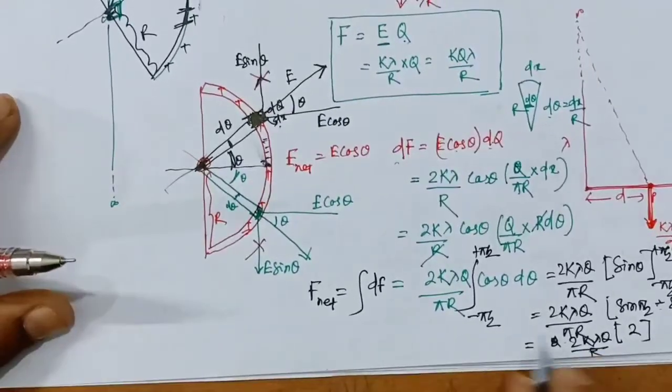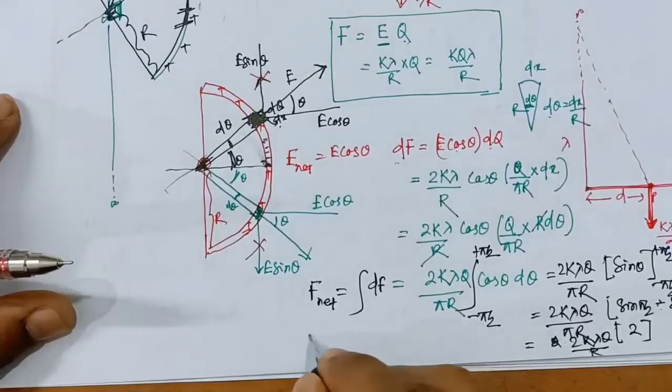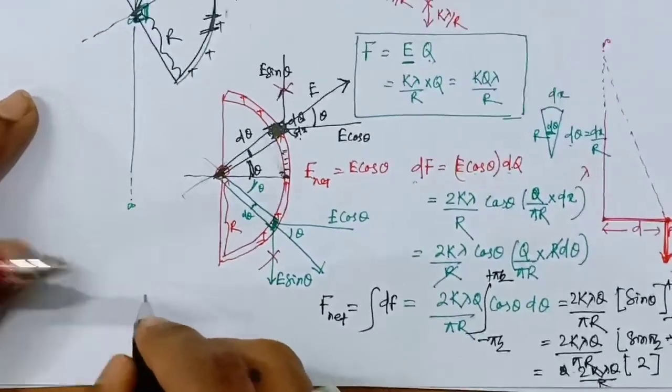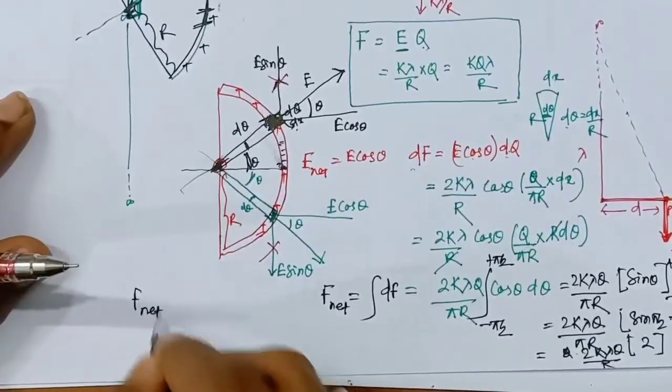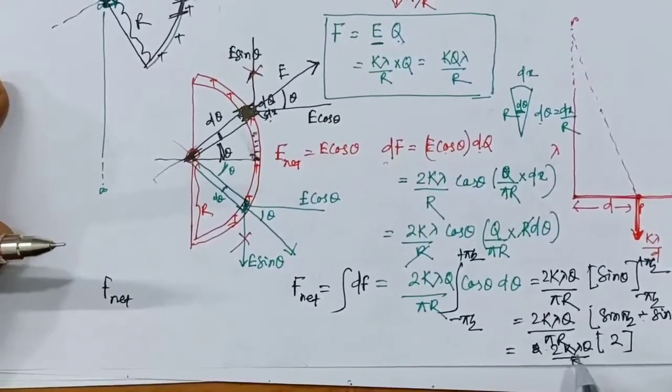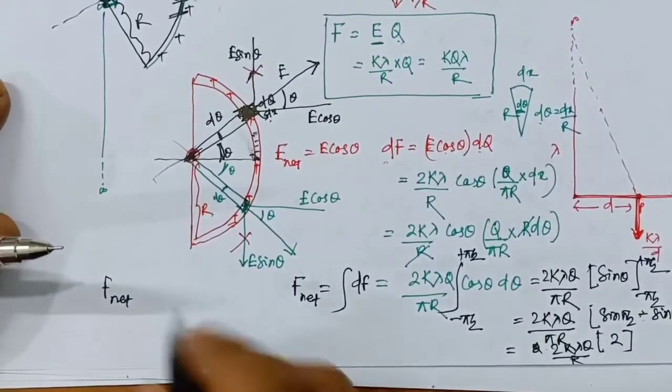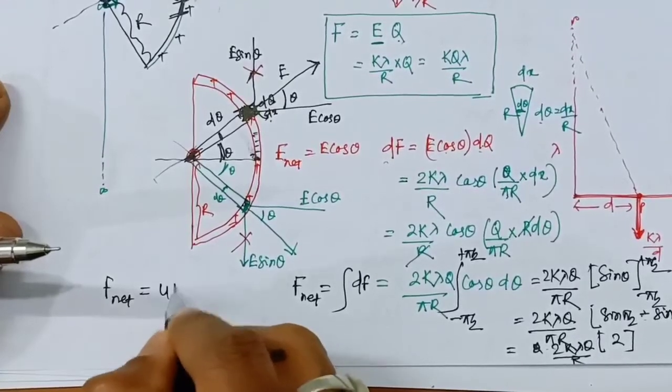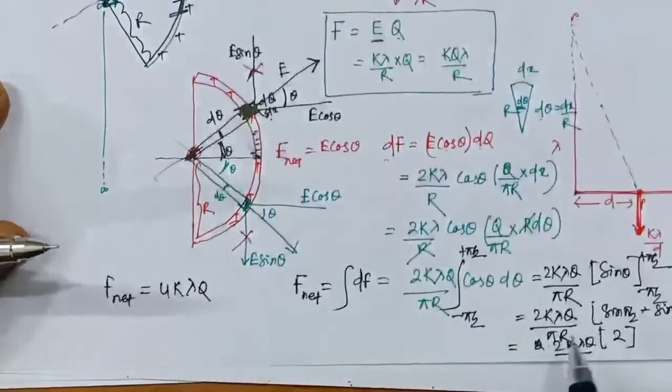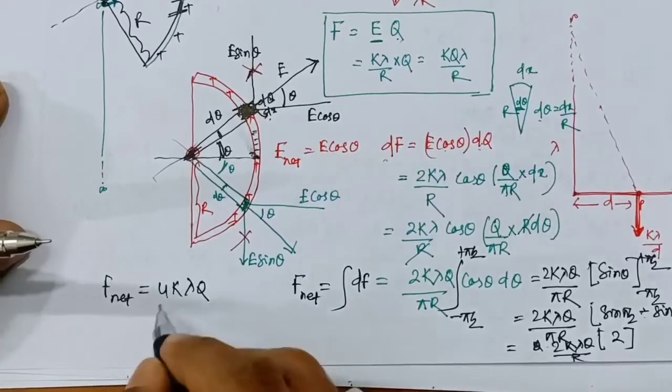So what is the final result? The final result of F net I am writing here. The expression is coming 4kλq upon r.